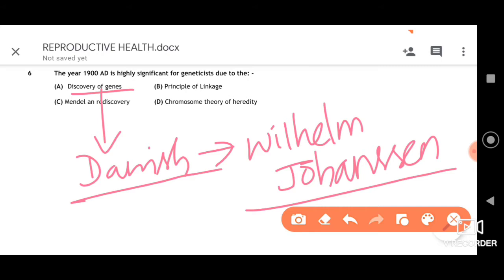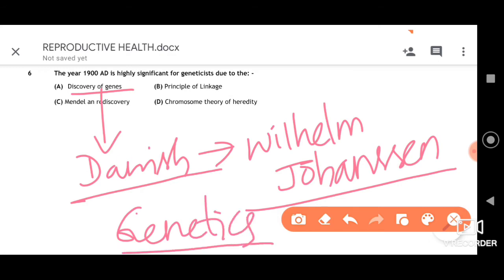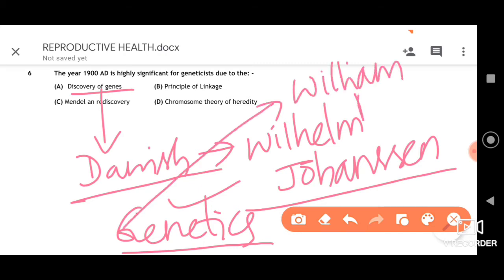He took this word from the word genetics. The word genetics was coined by William Bateson, one of the well-known scientists at that time. So from genetics he coined the term genes, and later on the study and discovery of genes took place.